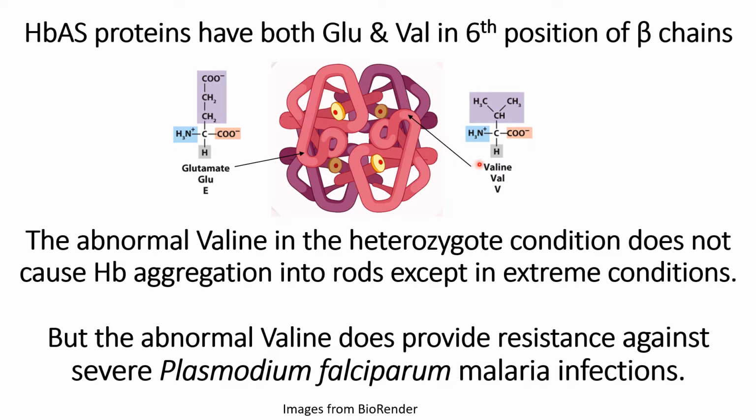Two amino acids being present from both alleles is what provides the heterozygous condition, and it is very unlikely that these hemoglobin would aggregate into rods except in extreme conditions, say if someone was dehydrated, exerting a lot of energy climbing a mountain, and oxygen levels were dropping the higher they went up. But this abnormal valine does provide a resistance against Plasmodium falciparum malaria infections, so it's not that the individual will not get sick from it, it's just more likely they will not die from it and they'll recover so they can pass on their genes to their offspring.